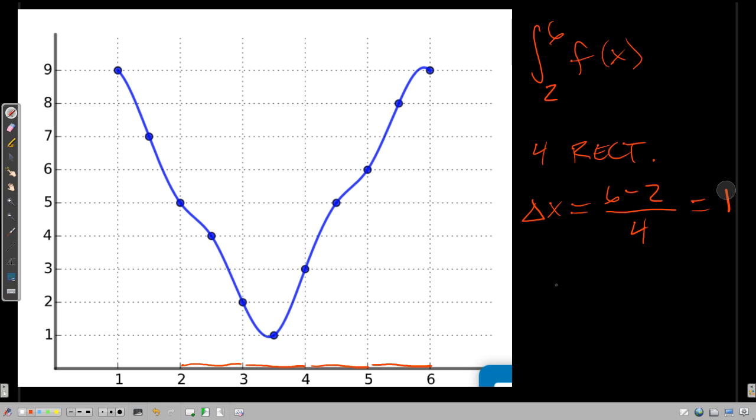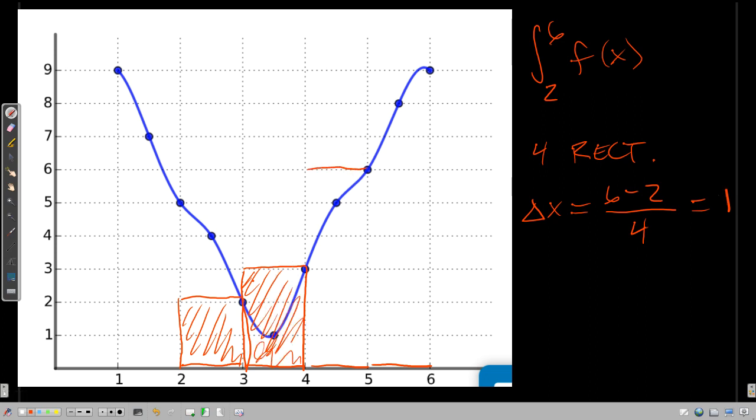And it's a right Riemann sum, so the right corners of the rectangles are what's going to touch the curve. So there's my first one, and then here's my second one. Third rectangle is there, and the fourth one is here.